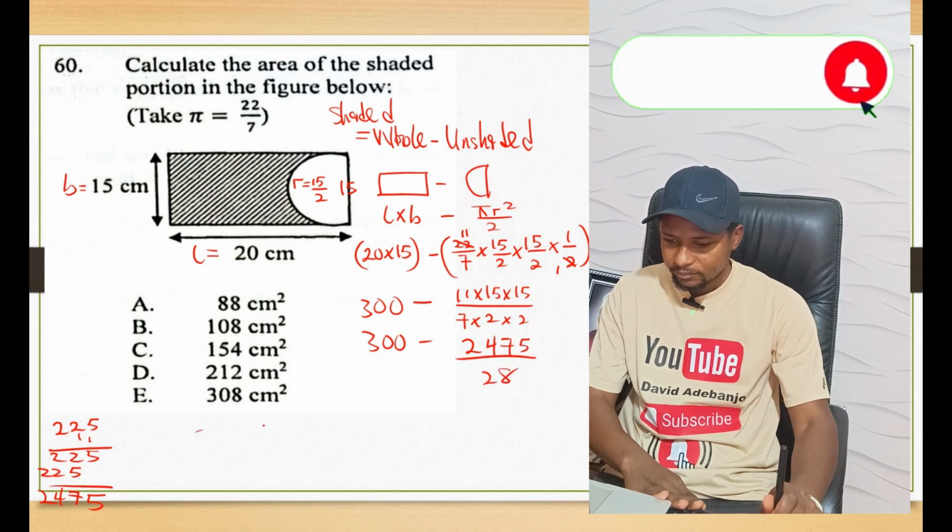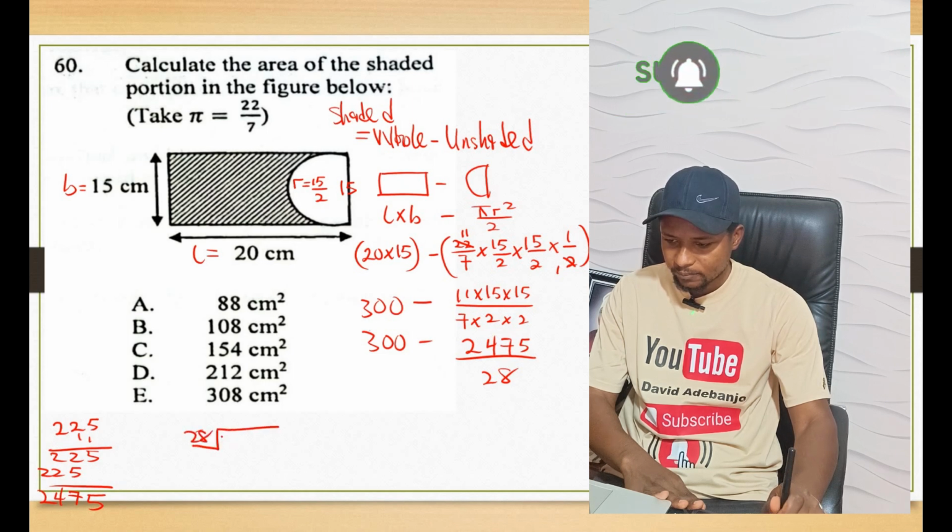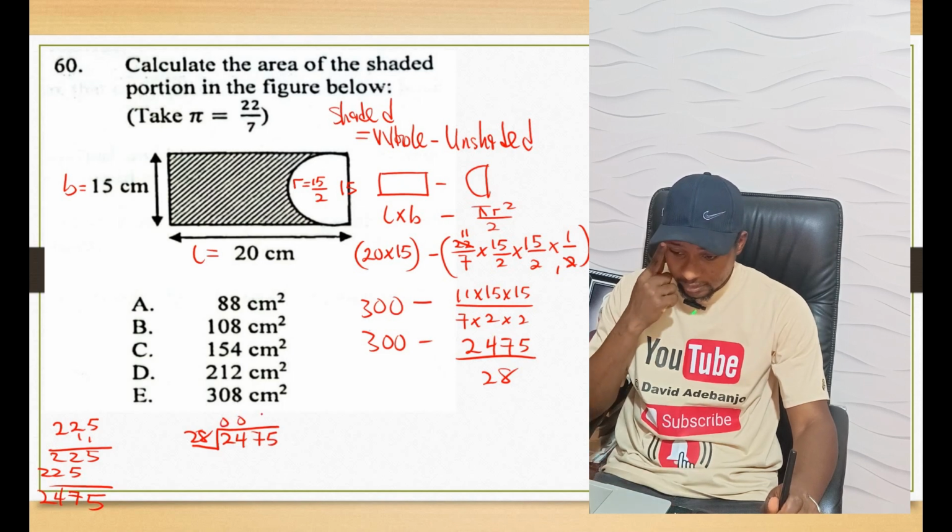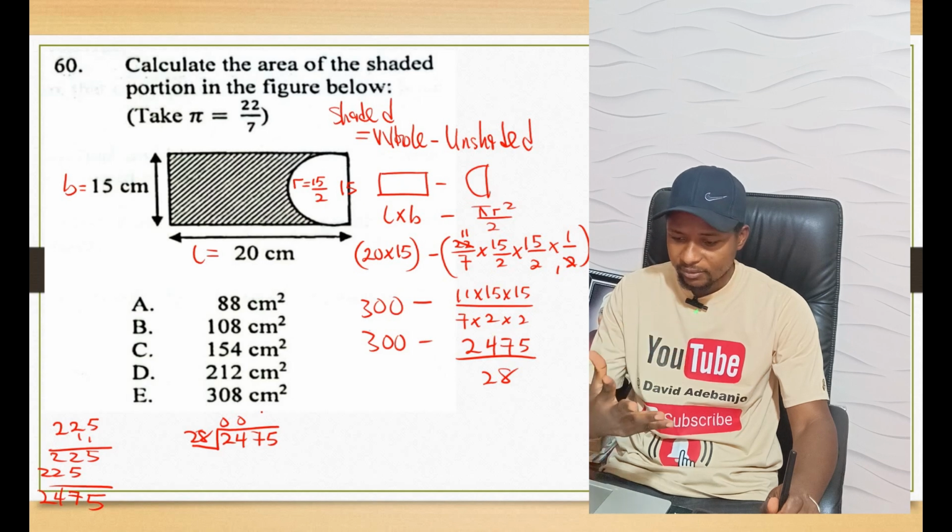So long division, 28. Then here you have 2,475. So 28 in 2, 0. In 24, 0. 28 in 247. It can't go 10 times because 28 times 10 is 280.